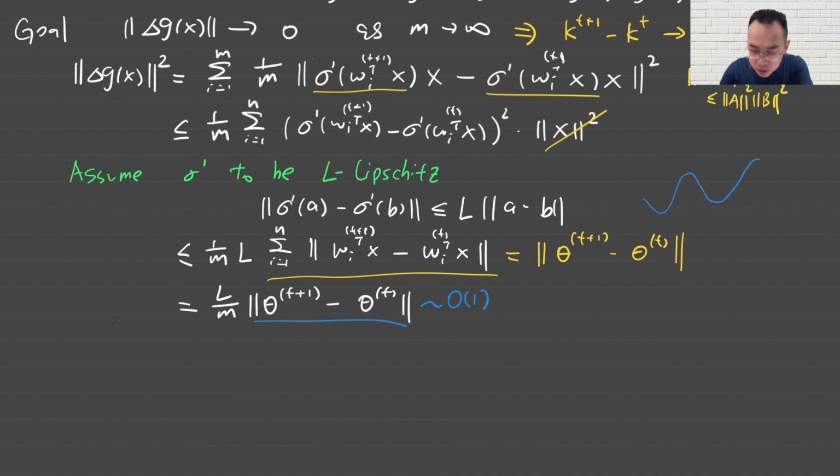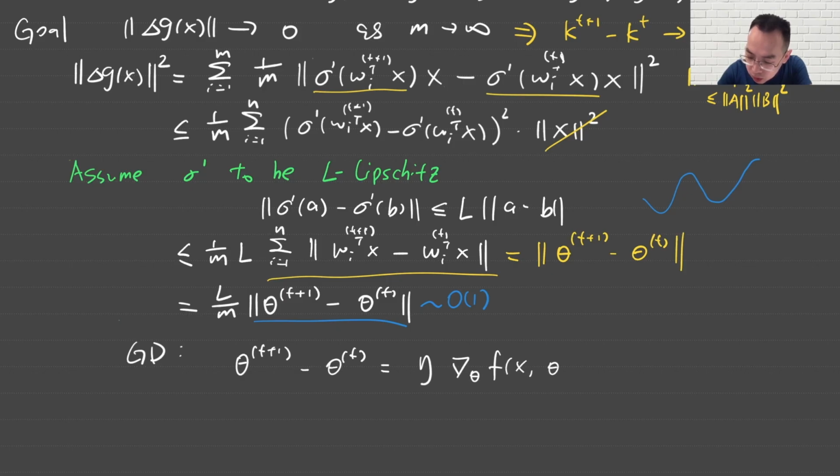And here we're just going to see that directly from the gradient descent formula, right? So the gradient descent tells us the difference between the two parameters equals the learning rate times the gradient, right? Times the gradient of f(x, theta at step t), right?